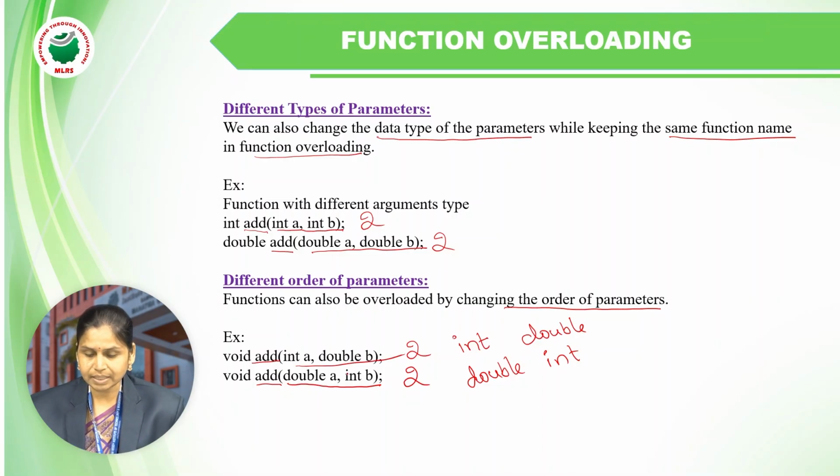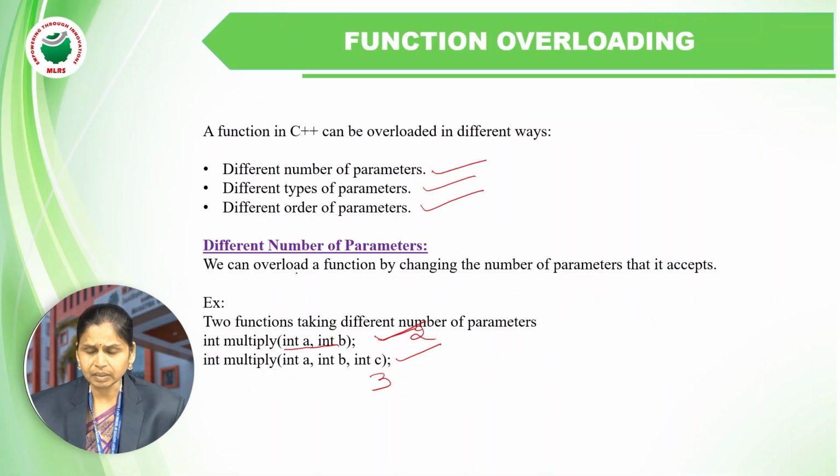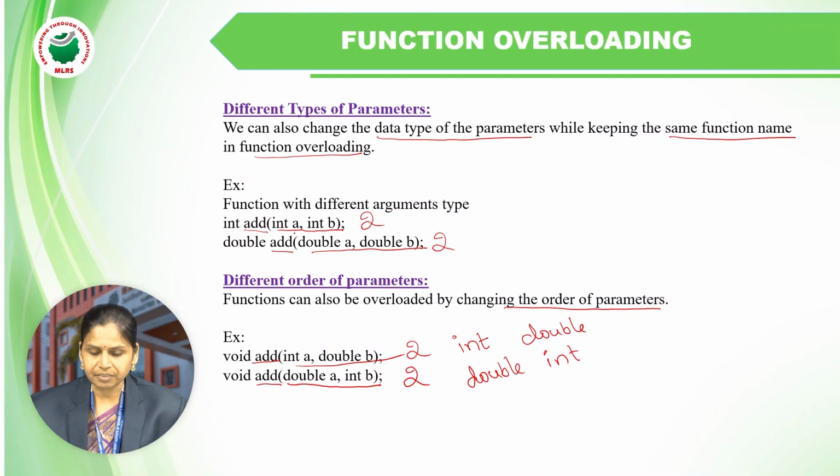In these 3 different ways we can overload the functions. First, number of parameters: here we are differentiating these 2 functions by using the number of parameters. In the second case, we are differentiating the add function by using the data type of the parameters.